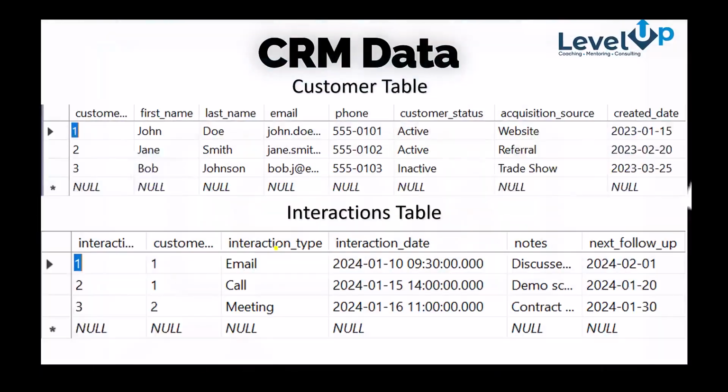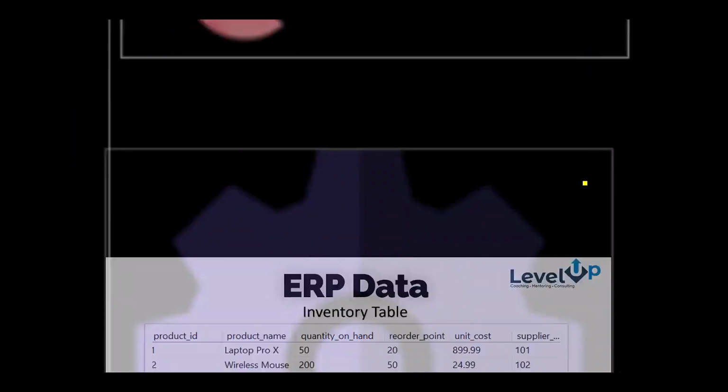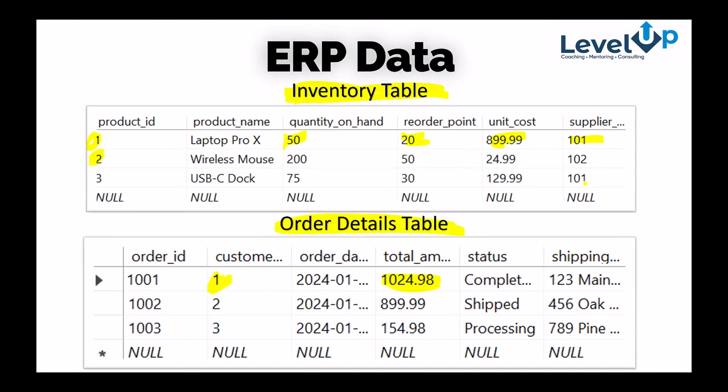Now let's say I want to see which product this customer John D purchased. Do I have that information in this table? I don't have it. Do I have this information in this table? I don't have it. But in the orders table, I have that information. The customer sales is this much.